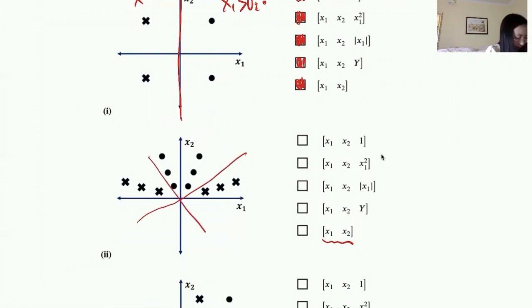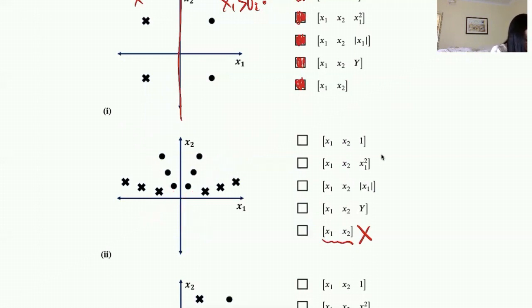Then we will see that this will not be sufficient to classify this data. The reason is if we want to have a line passing the origin, there will always be one side of the decision boundary where the points of two labels exist at the same time. So this option is not possible.